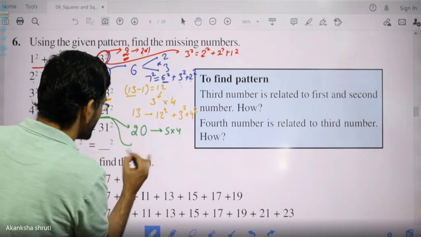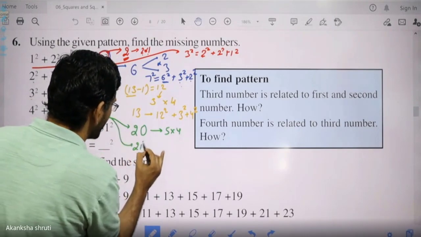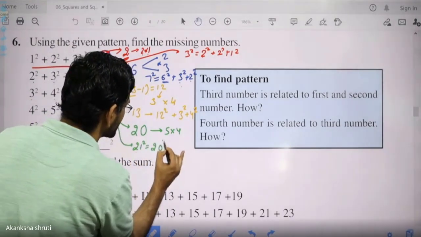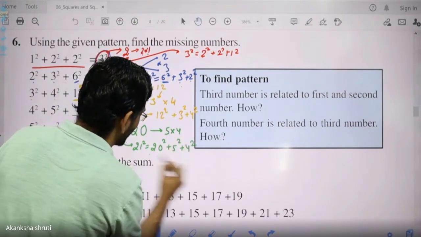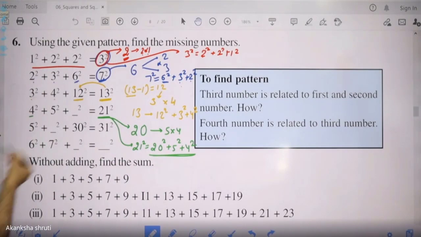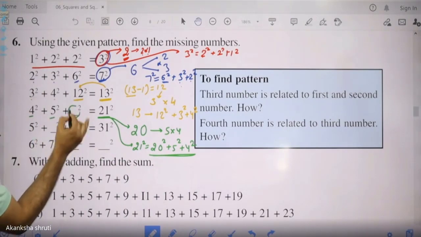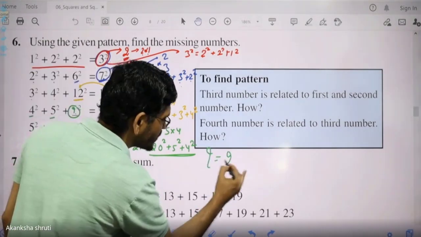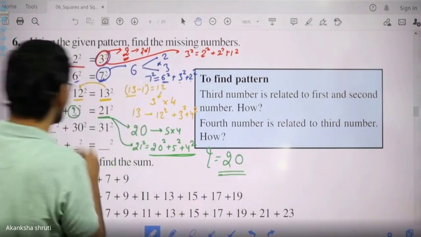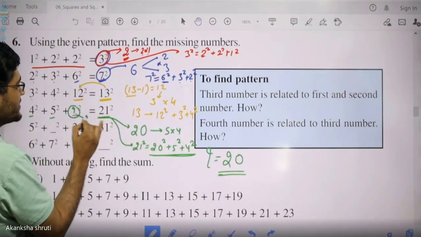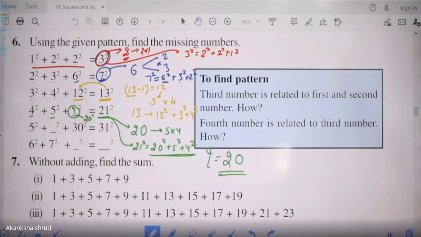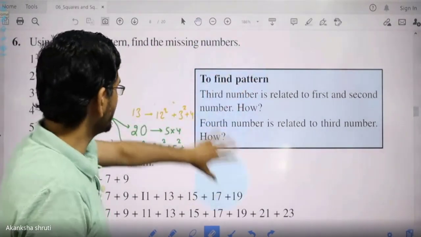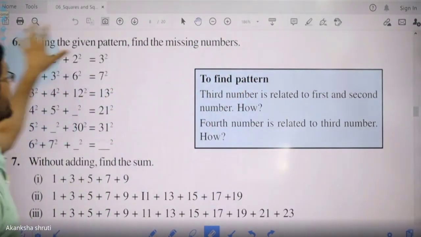Therefore, 21 square will be written as 20 square plus 5 square plus 4 square. Observe this: 4 square, 5 square. What is missing here? The missing 20. We have to put 20 here, the square is already there. Are you getting it? Similarly, we have to consider the other numbers.